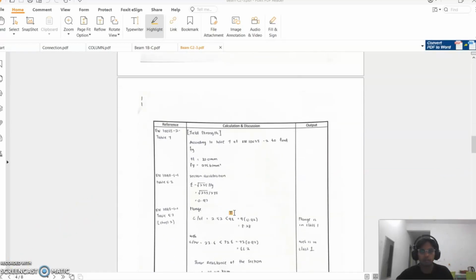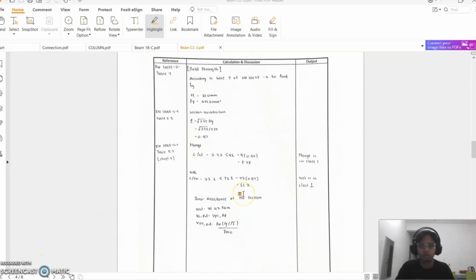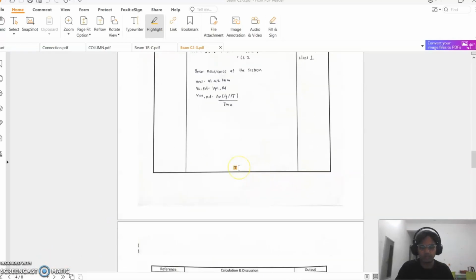And for yield strength, according to table 7, I follow from the EN 10025 to find Fy. The t for this design is 32 mm and Fy is 275 Newton per mm squared. And I follow the English standard.